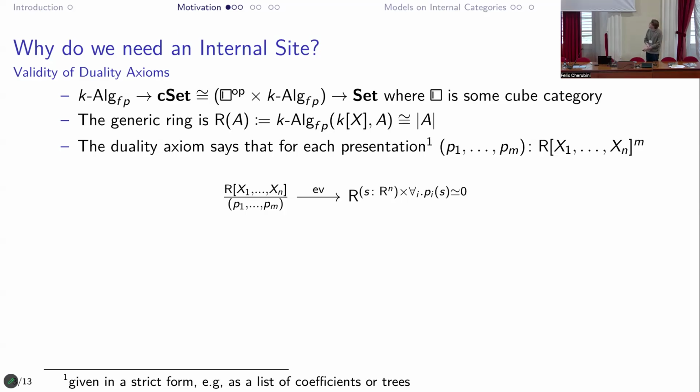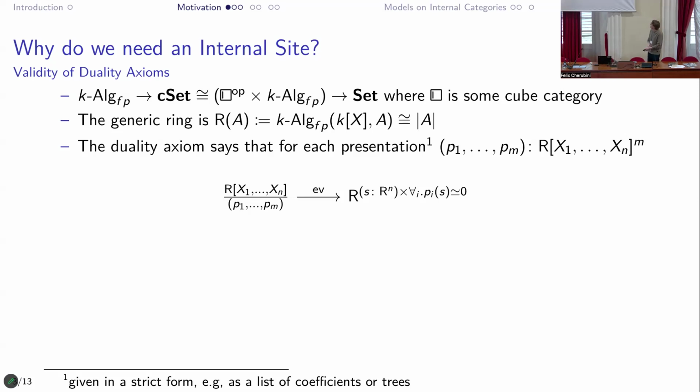Then one of the key axioms you want to prove is this duality axiom, which essentially says if you take the generic ring, adjoin some variables, and quotient out some polynomials, then you can look at the canonical function that sends such an object to something in this type on the right, which is the generic ring exponentiated by the type of solutions for the equation system we have on the left. So these polynomials specify a system of equations in n variables. And the axiom says that this particular map is an equivalence.